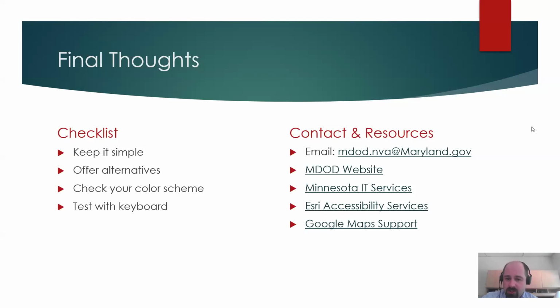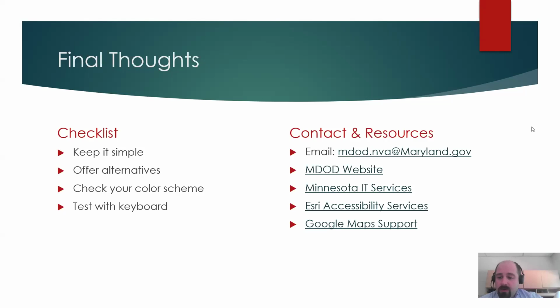We have some more information about this on our website, and our state guidelines and advice are posted there. You can also go to the Minnesota IT Services, who led the charge on this, and I've talked a lot with them. I've learned quite a bit from them, so they're an excellent resource, especially for this. Esri has their own accessibility office.